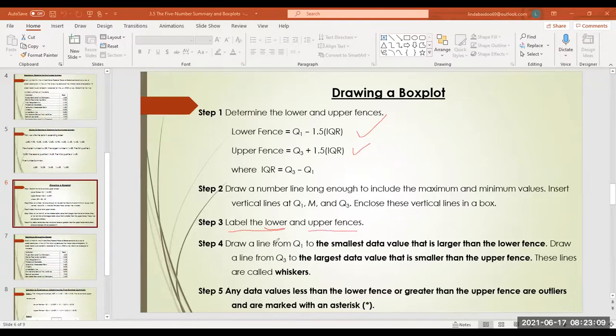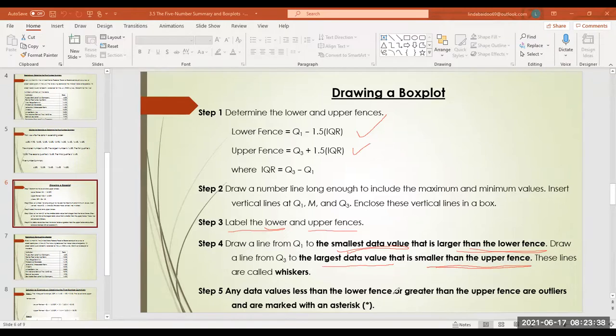After that, we draw a line from Q1 to the smallest data value that is larger than the lower fence. So go to all your data values and look for the smallest data value that is larger than the lower fence. We draw another line, this time from Q3 to the largest data value that is smaller than the upper fence.